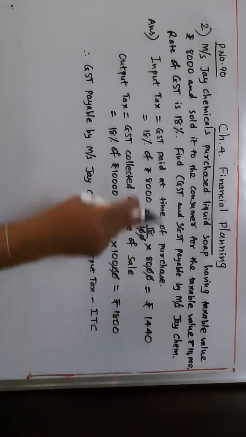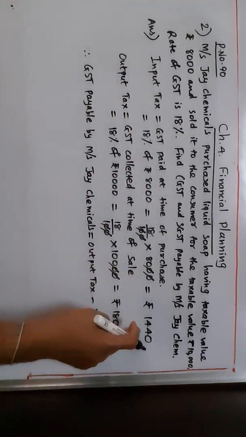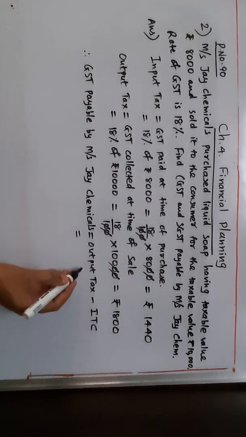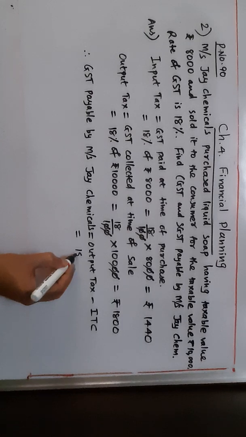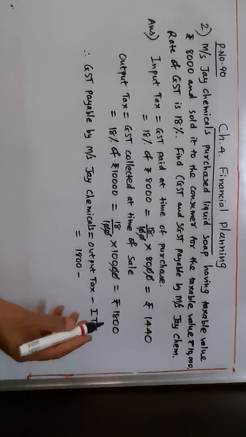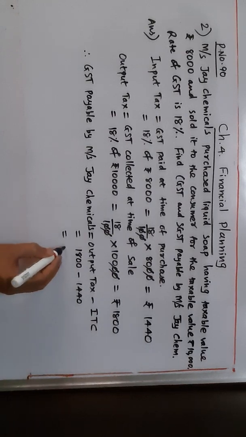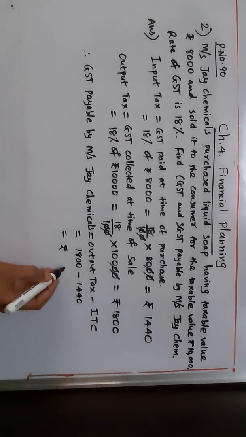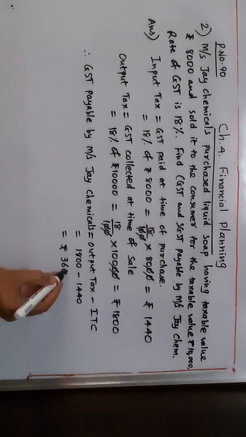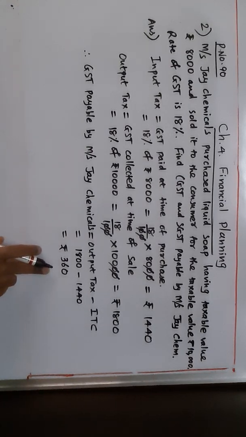Whatever is the input tax is a credit in the account of Messrs J Chemicals. So output tax collected from the customer is 1800 rupees. ITC, the credit of the tax paid, is 1440 rupees. The difference between them is rupees 360. So this will be the amount paid by Messrs J Chemicals to the government.